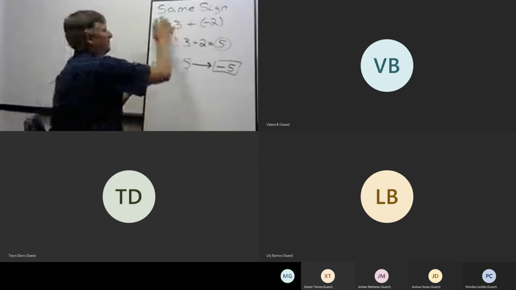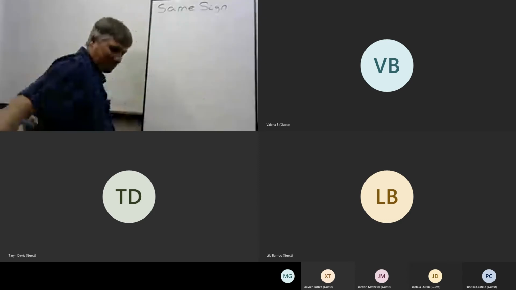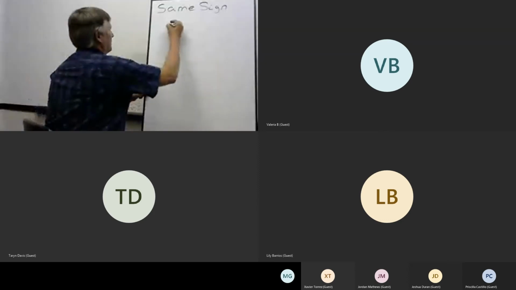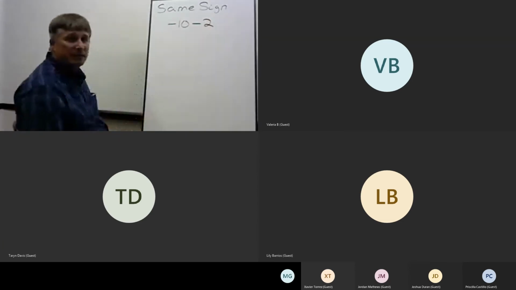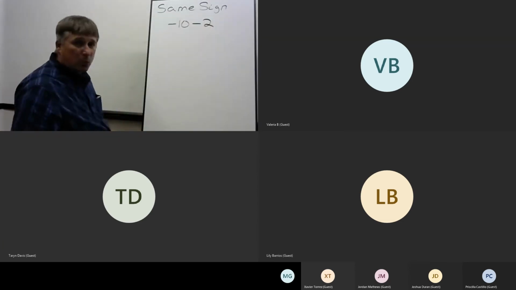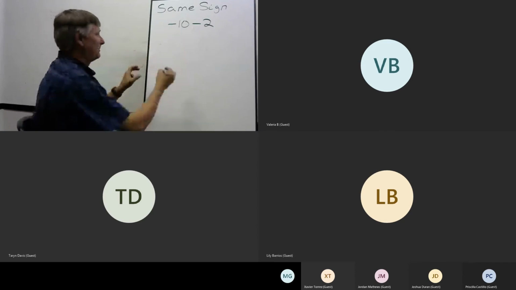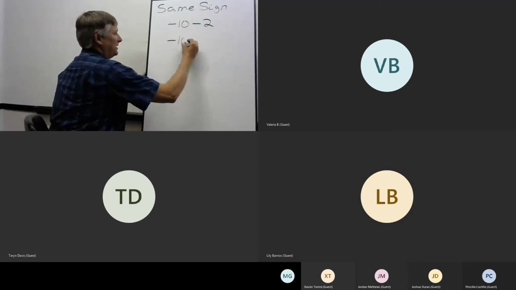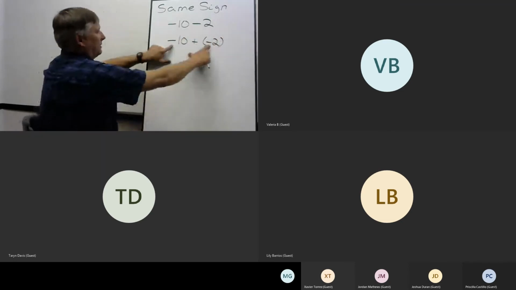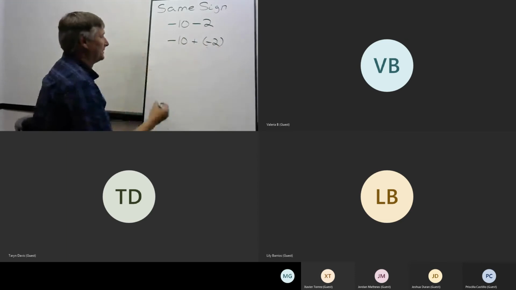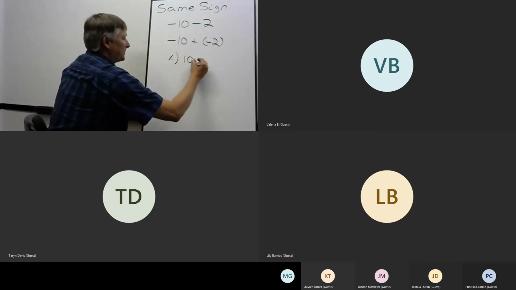Let me do another one. Negative 10 minus 2. When we're working with negatives, convert this to a plus a negative. So this will become negative 10 plus negative 2. These have the same sign. So first off, we add the positive versions.